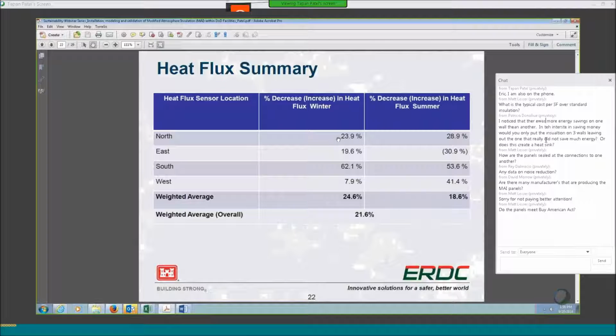There are larger companies working towards it, but again, the cost is the important consideration here. There are many manufacturers, I'd say at least 10 or 15, if not more, that make the VIPs, and it's all made and manufactured here in the U.S. So I believe it would meet the Buy American requirements.